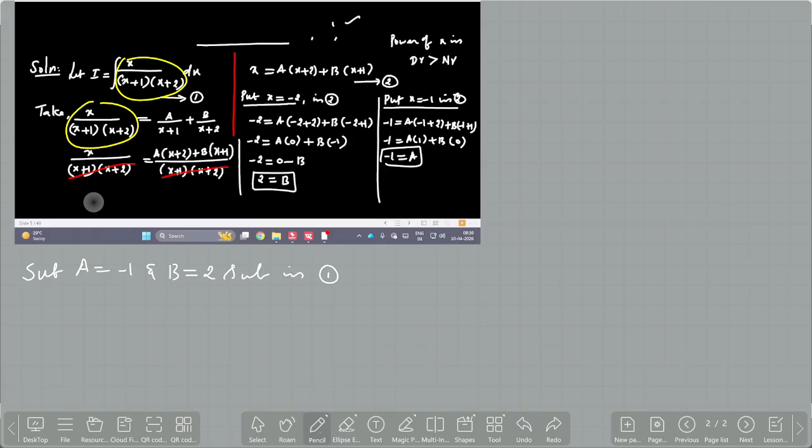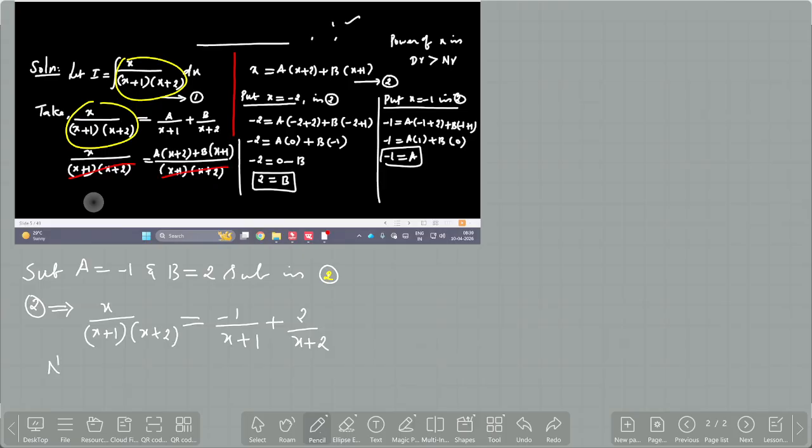Whether you want more steps, I will write in substitute number 2. After that, from the next sum onwards, I will continue directly. What does 2 become here? x divided by x plus 1 into x plus 2 equal to a by, what is the a value, Kana? Minus 1 by x plus 1. And b by, 2 by x plus 2.